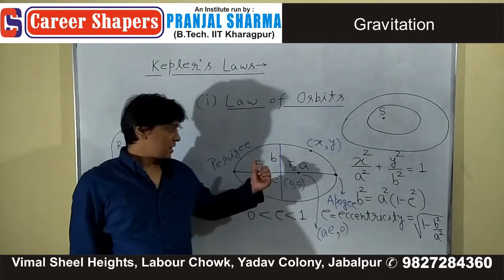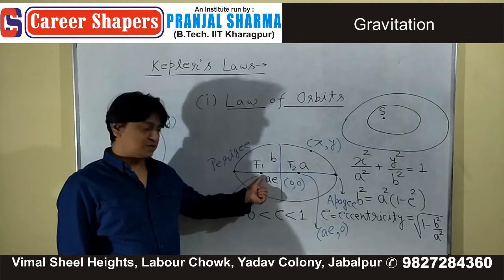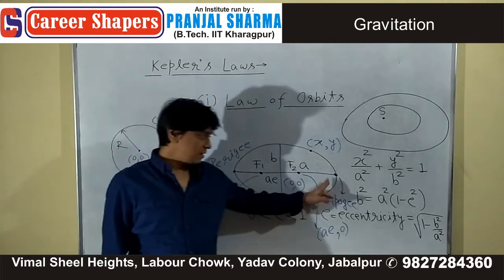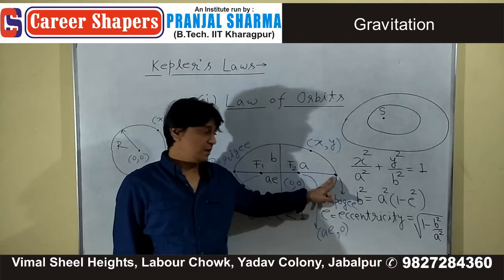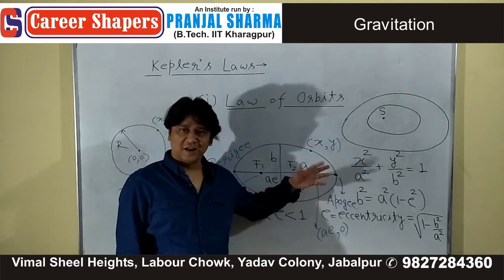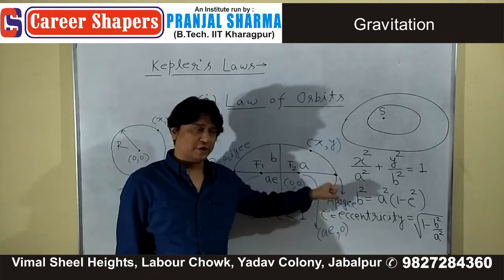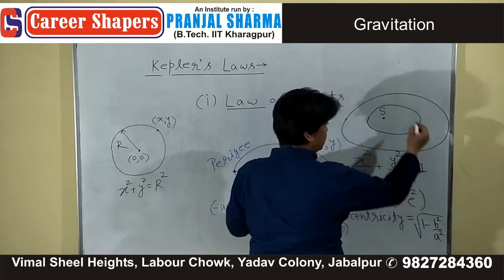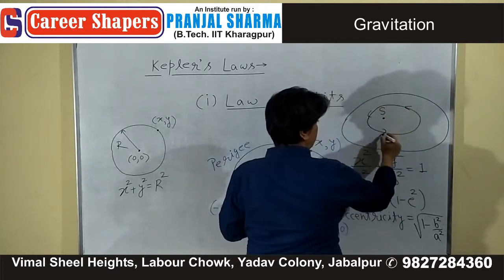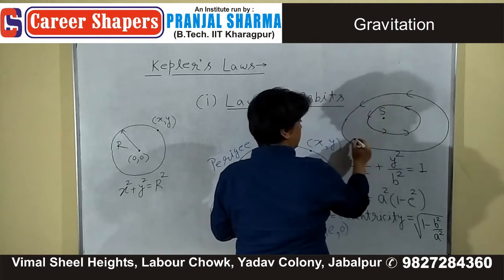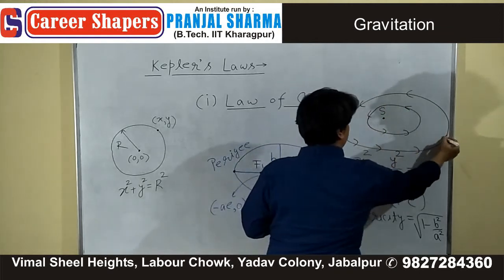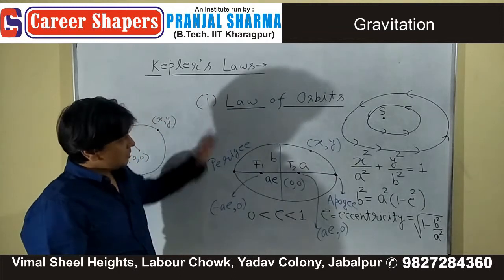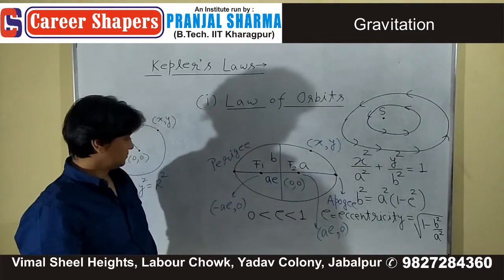So, if Moon is present here and Earth is present here, then you will see the largest size of Moon. And when it moves to the other side, at the apogee, definitely the size will reduce. So that's how all these planets move about Sun. They follow these elliptical trajectories. Note down this much.